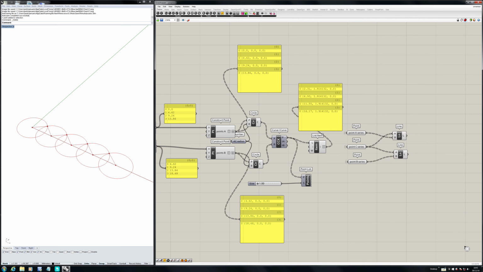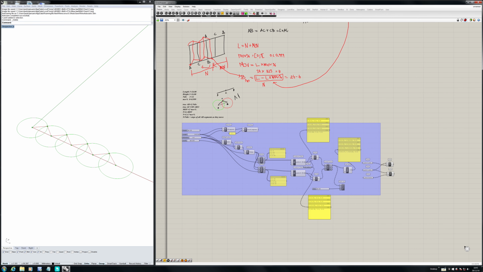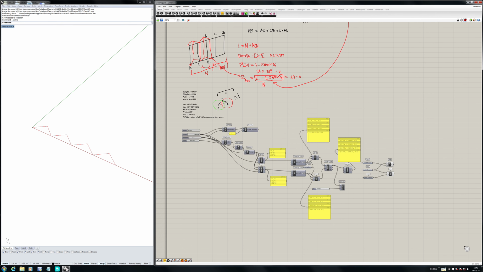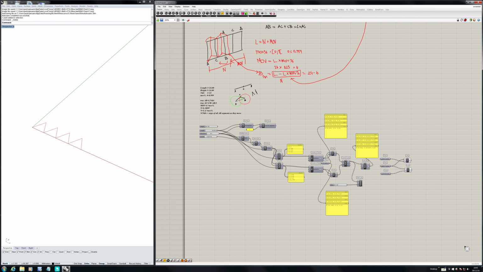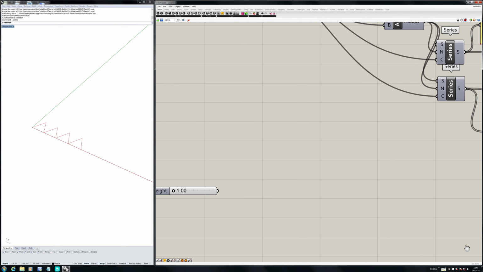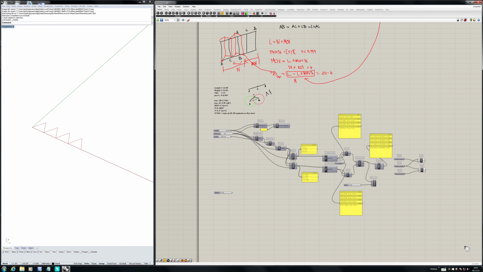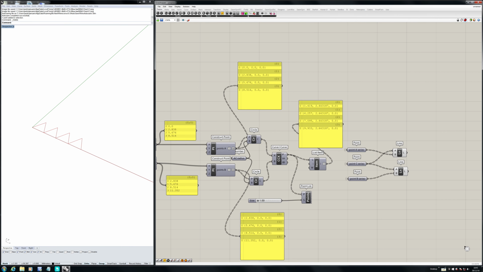I'm going to hide all of this for the moment, and I can have more or less, and I can have the movement. So this is working. Now I just have to apply the length. So I'm going to move this slightly down, and I'm going here to the front.